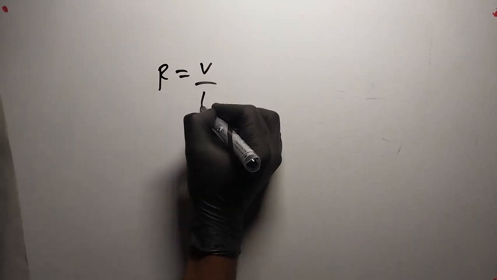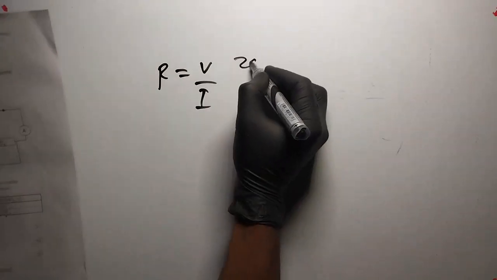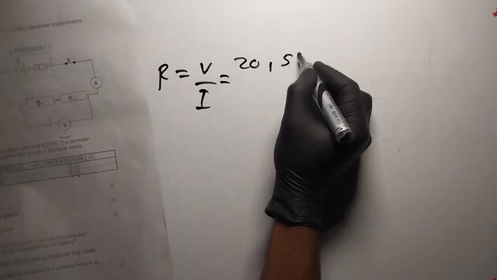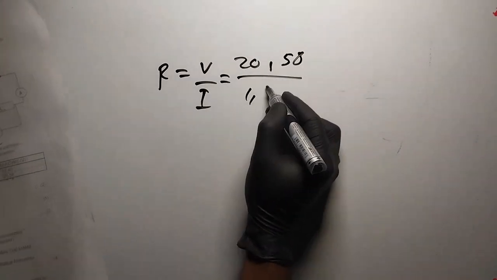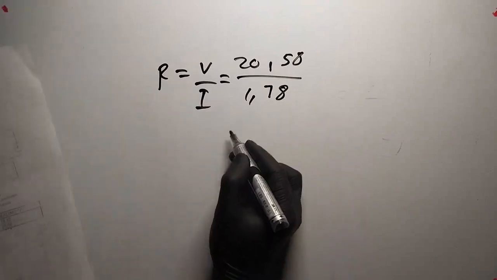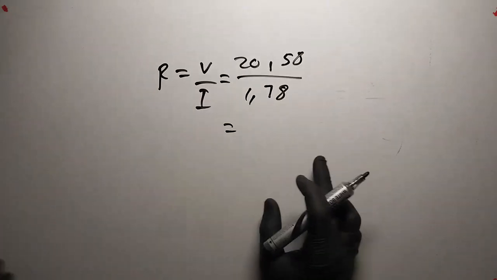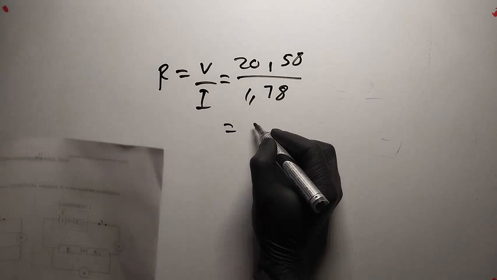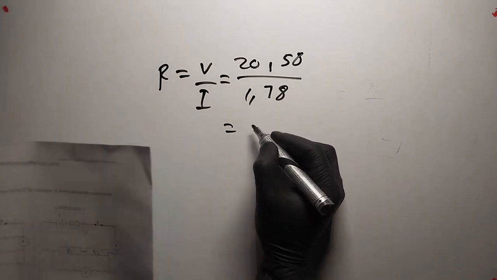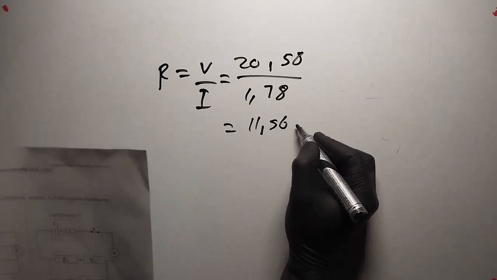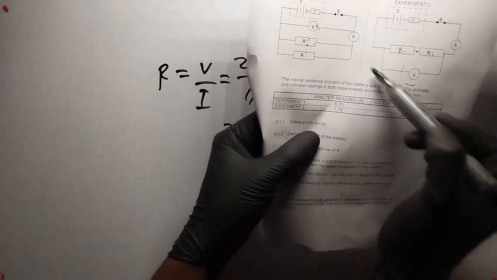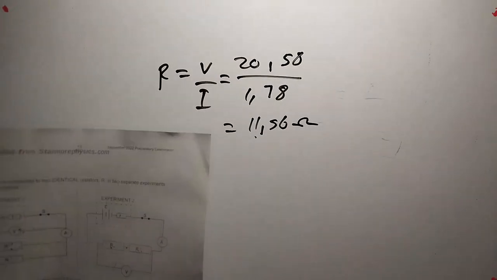Okay, so now the second one, the reading is 20. I'm going to say R equals to V over I, where the voltage reading is 20.58 over the current, which is 1.78. So when you use this, you're going to get that the total resistance for the external circuit should be 11.56 ohms, which means when you add the 2, you should get 11.56.